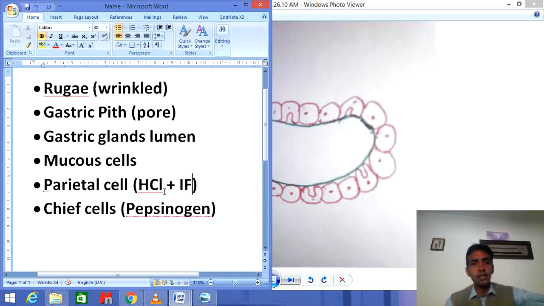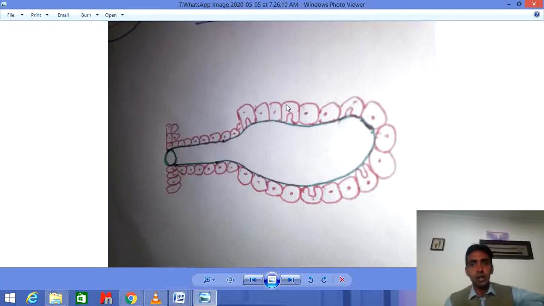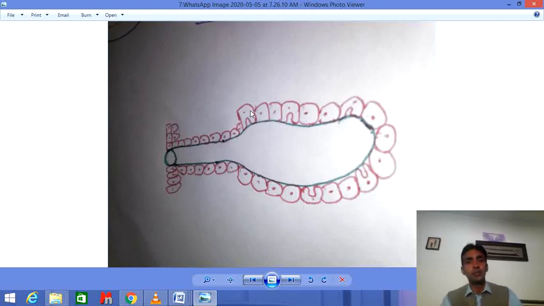This parietal cell secretes two things. One is the HCl, and the other is a glycoprotein. That glycoprotein is called intrinsic factor, and it is secreted into this lumen.